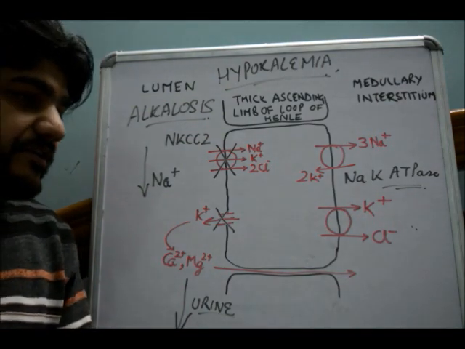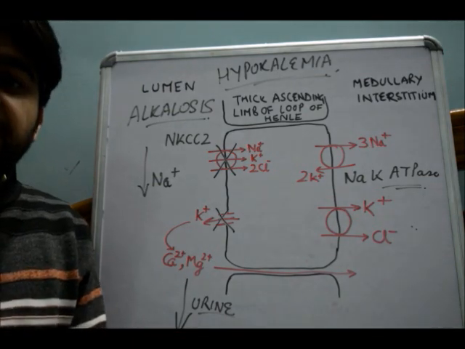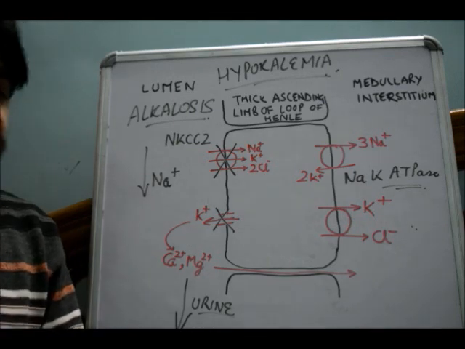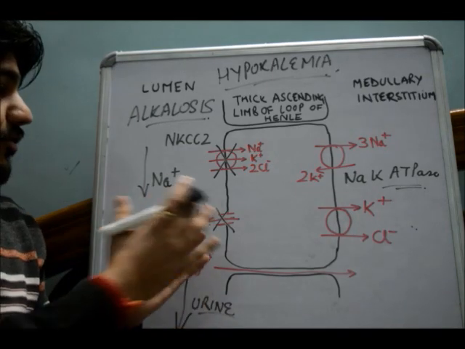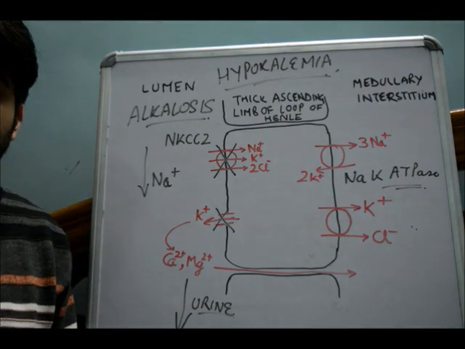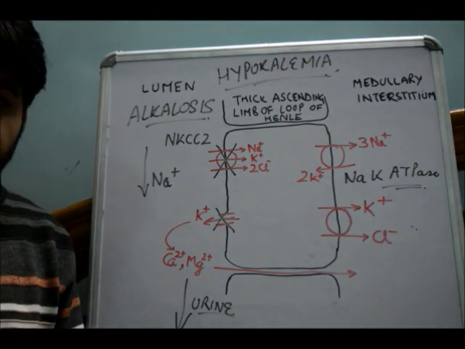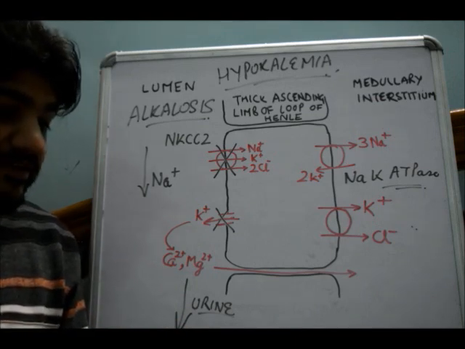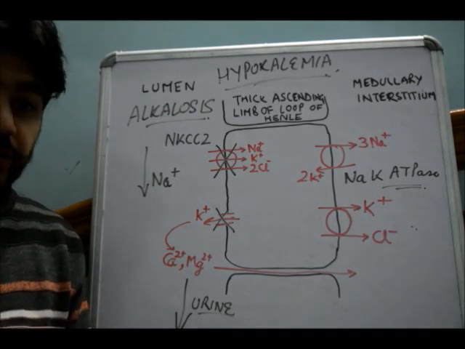In addition to that, there is one more. These loop diuretics are also ototoxic, meaning they are toxic to the ears. They can interfere with hearing, so that is another important adverse effect. Then, whenever they cause a brisk diuresis, they also reduce the total body volume, so hypovolemia is caused, and whenever there is hypovolemia, obviously the reabsorption mechanisms become more aggressive.